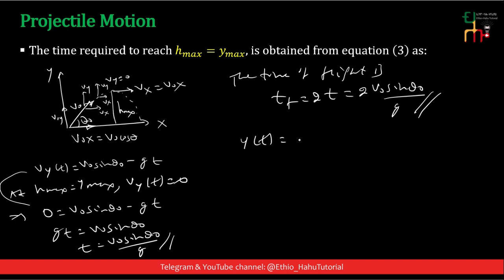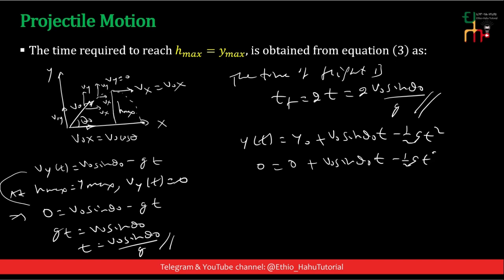Y of t is equal to y naught plus V naught sine theta naught times t minus half gt squared, because the particle is projected from this point and reaches this point. This is the final point. Therefore, the initial point and the final point are the same. Y of t is 0, and y naught is also 0, the reference point. So 0 equals 0 plus V naught sine theta naught times t minus half gt squared.